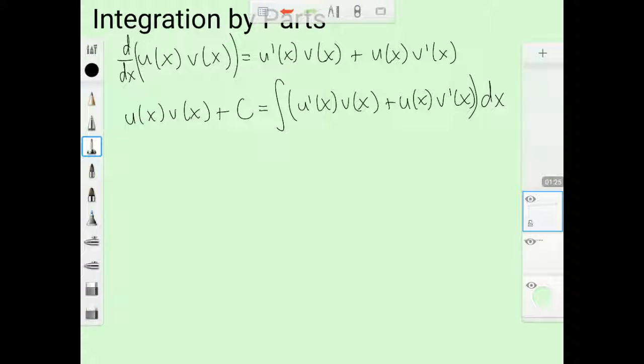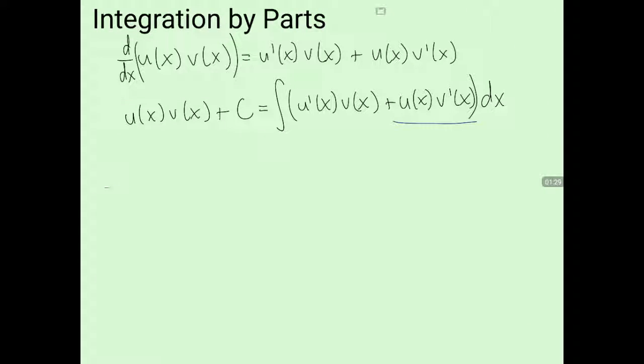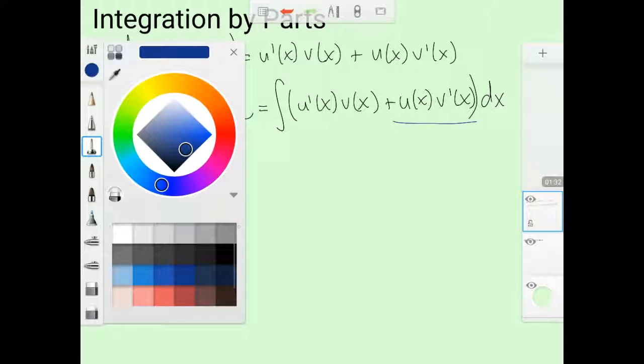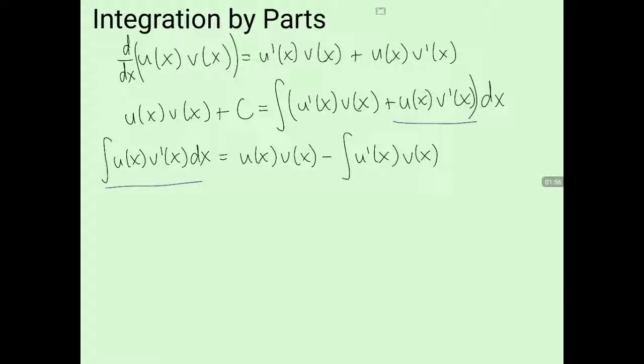Now, if we isolate this second term on the right-hand side here, then what we are going to get is the integral of u of x, v prime of x dx is going to be equal to u of x, v of x, minus the integral of u prime of x, v of x, dx.